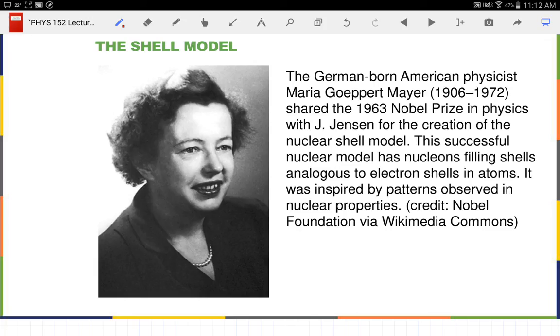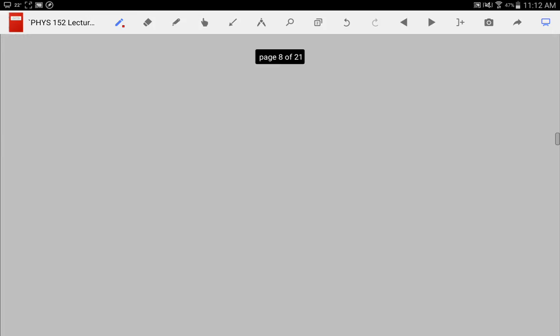And it actually delayed them understanding the model by a few years because it was mistranslated because of the climate in the world at that time. But she is the person who has the Nobel Prize for helping us to understand that the nucleus has its own quantum physics going on with quantum numbers to explain the energy states.